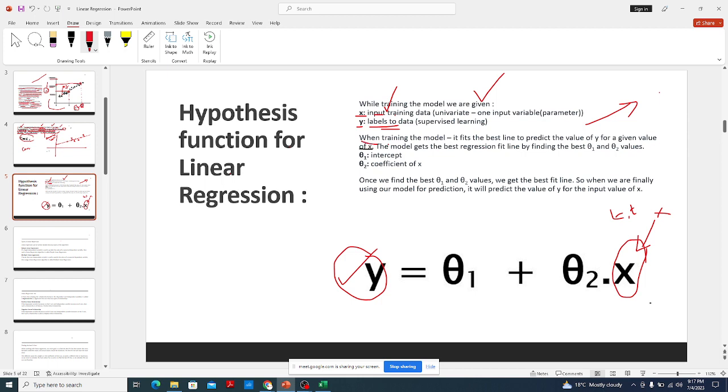So when training the model, it fits the best line to predict the value of y for a given value of x. The model gets the best regression fit line by finding the best coefficients.